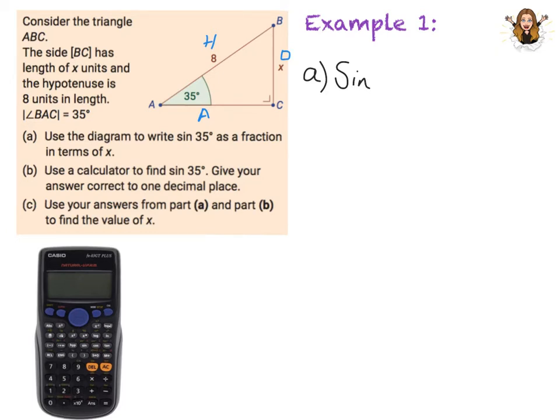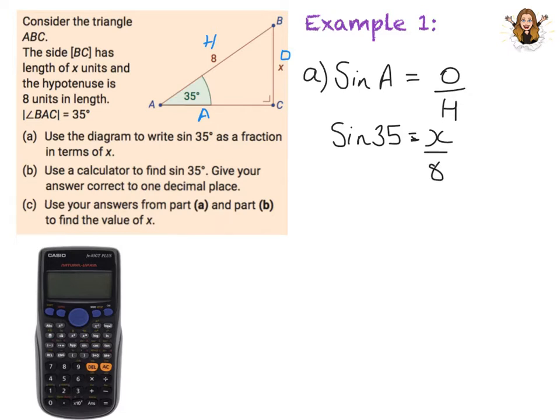So sine A, we just call it A because that's what the angle is, angle A. So sine A is always O over H. Well, by that scenario then, sine 35, because that's the degrees that we have, equals, well, O we don't know, so we call it x, over 8.